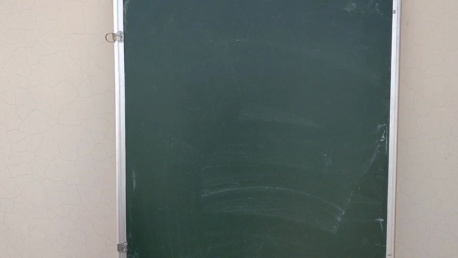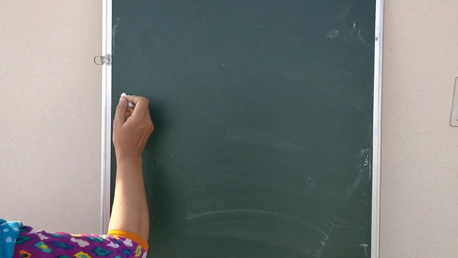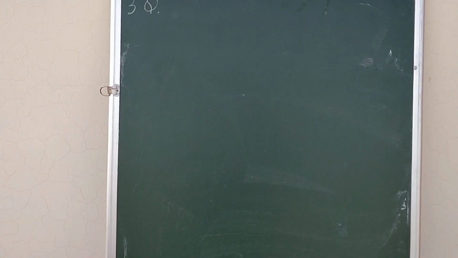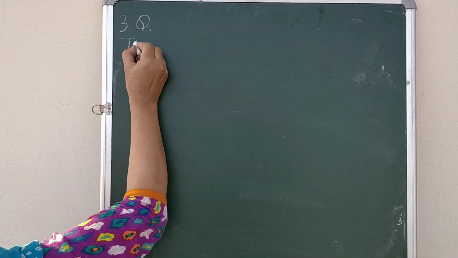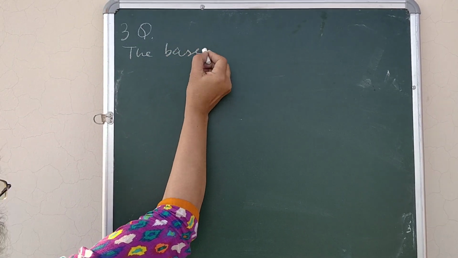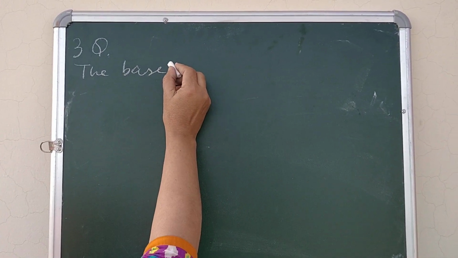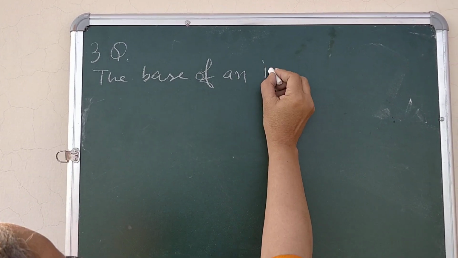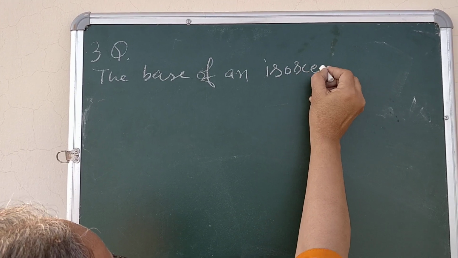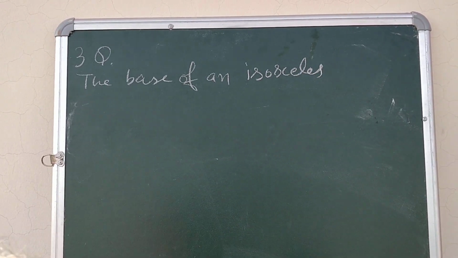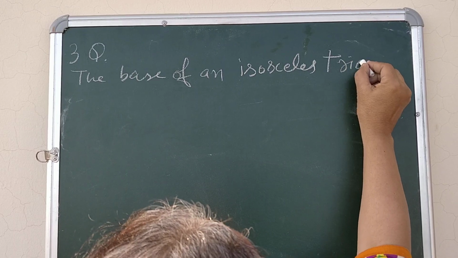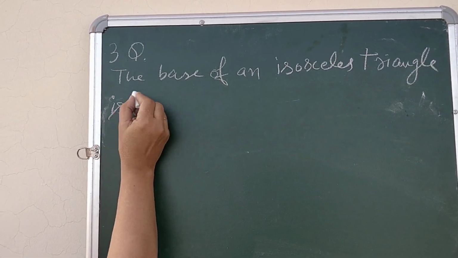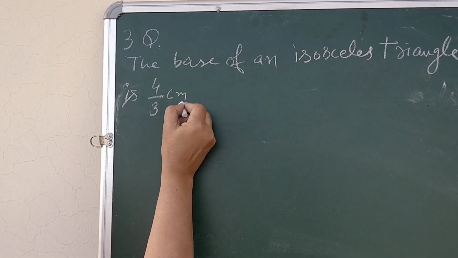I am taking now the third question of this exercise. I am writing first of all the question. The base of an isosceles triangle is 4/3 centimeter.